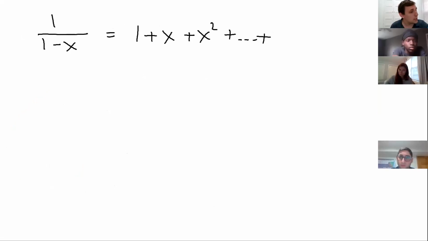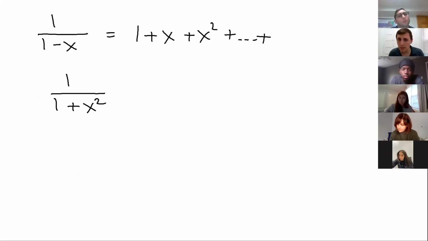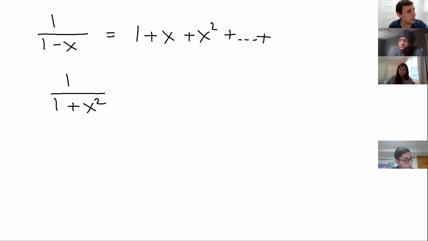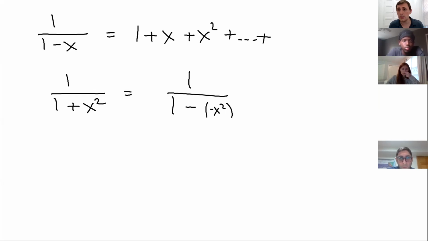So to me, this expression is exactly the same. There is no difference. You see why? Because I can write it as 1 over 1 minus a number, and then 1 minus which number? Minus x squared in this case. Do you follow?